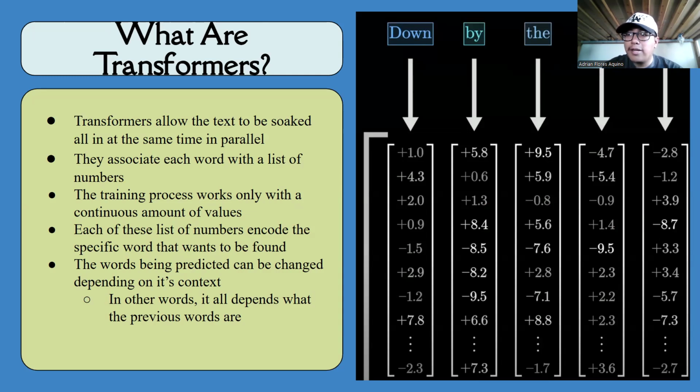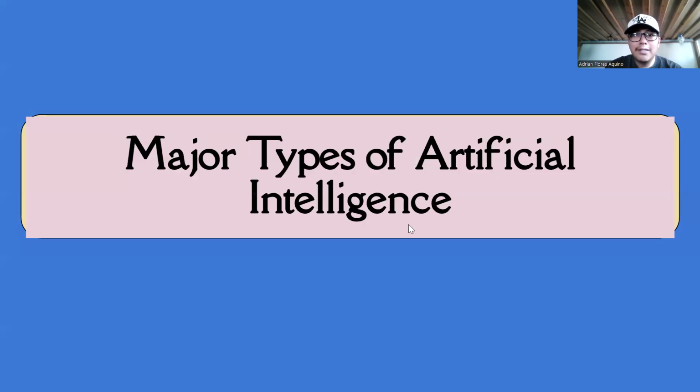So when you look at "bank," you could think of money, right? You want to withdraw money, you want to deposit money, or you just want to do anything related to money in the bank. But when the machine looks at the other words, it may notice the word "river," which completely changes that type of bank, and it will think of a different type of bank, maybe related to water. So it all depends on the context of the sentence.